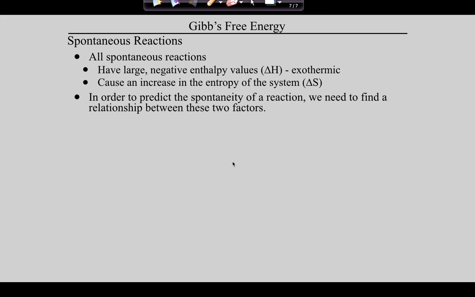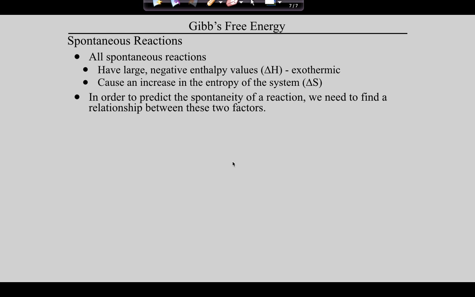Both of these play a role in whether a reaction is spontaneous. But how do they come together to finally predict spontaneity? And Jason, you're going to be glad to know this is not a tends to, this is an always. This will always predict spontaneity.